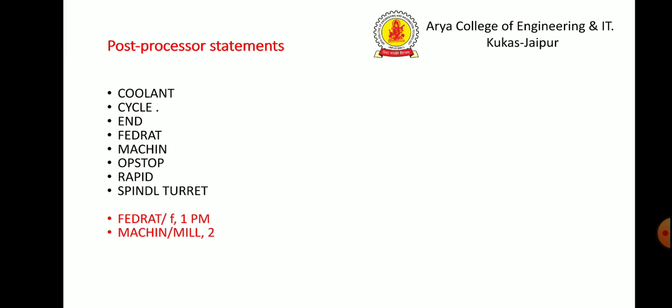For example, we write FEDRAT slash F1, where F means feed rate and 1 IPM means a feed rate of 1 inch per minute. And MACHIN slash means machine name, milling or lathe or drilling, and 2 means the number of the machine.